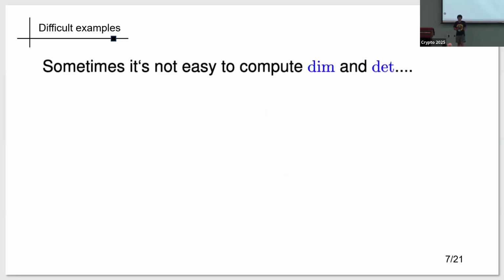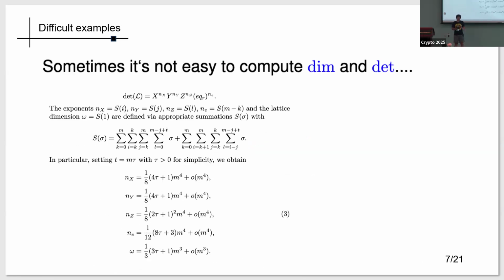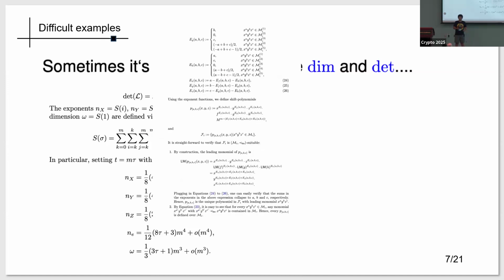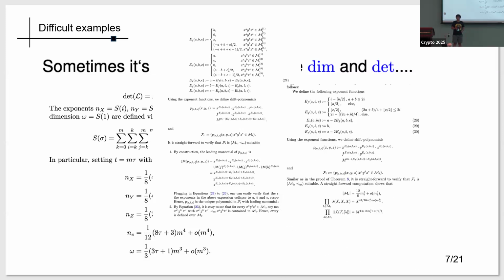For example, people use a 4-fold sum, as in one paper from Asiacrypt, and it's not easy to compute using the 4-fold sum, or even a 5-fold sum.